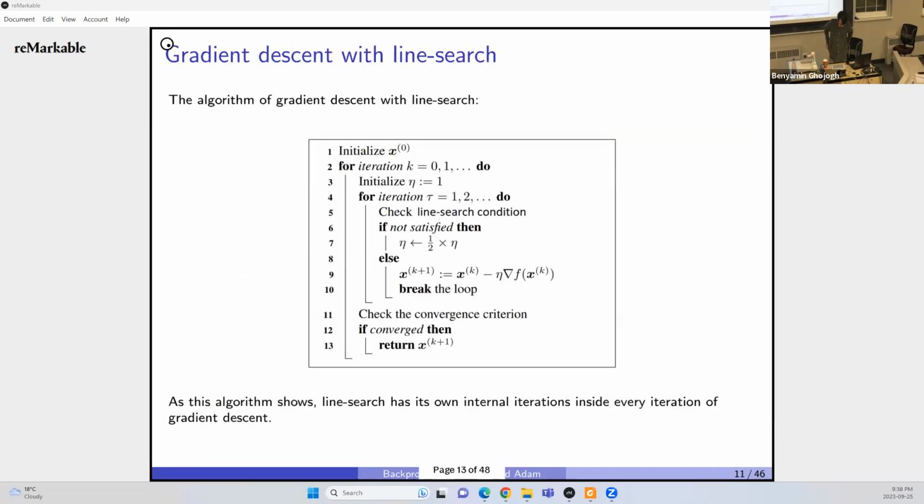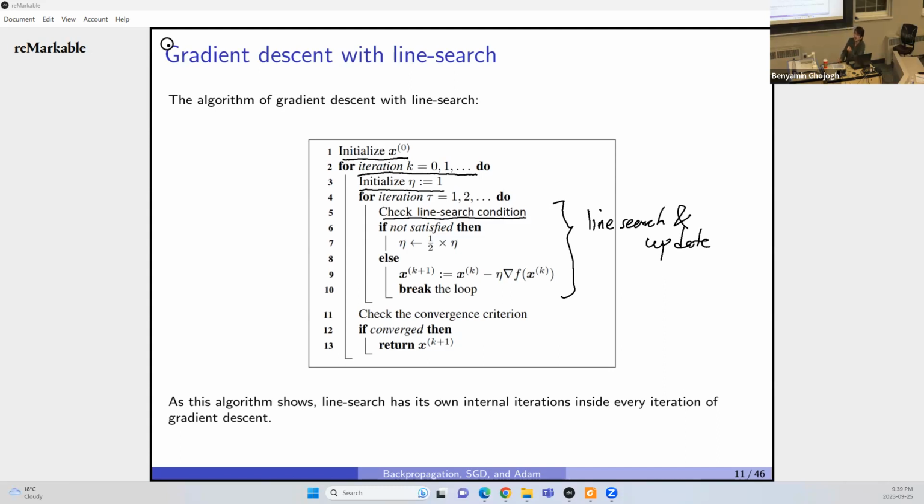Let's see the gradient descent algorithm with line search. By the way, this is not just for neural networks, it's for any gradient descent. Initialize the solution x0, a vector. Then for the iterations, since it's an iterative optimizer, initialize eta to be 1 at every iteration. Then what am I doing here? This is line search and update together. I check the line search condition. What was that?